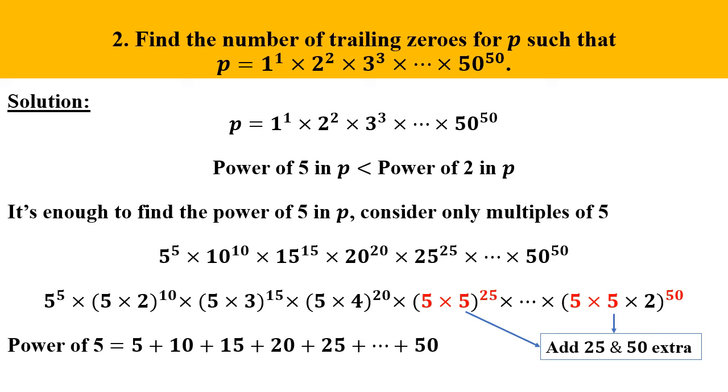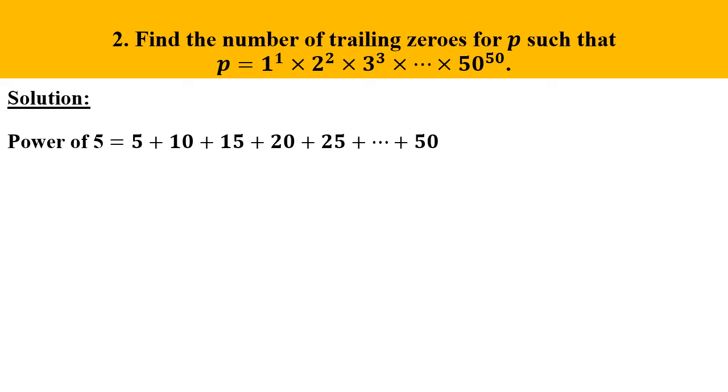So let us consider only 25 here, then add 25 to our final calculation. So in the last term, 5 into 5 into 2 whole power 50, here also there are two 5's. So first consider only 50, then add 50 to our final calculation.